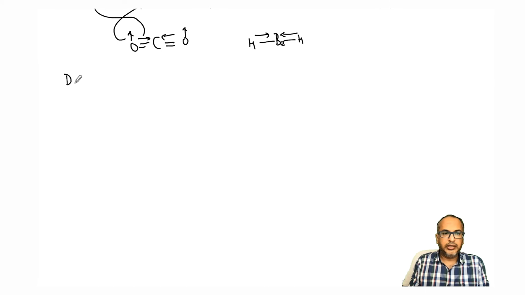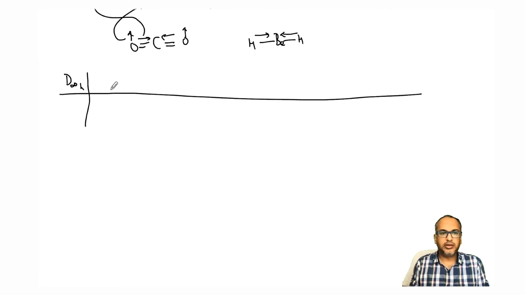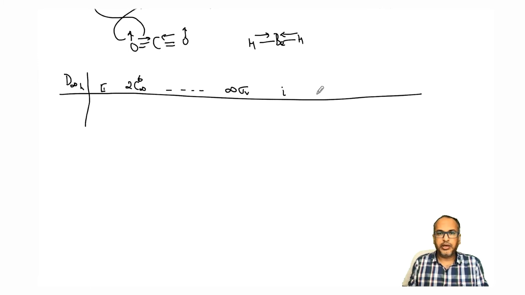D∞h point group: E, 2C∞^φ, ∞σv, i, 2S∞^φ, ∞C2. Okay, this we have already seen.